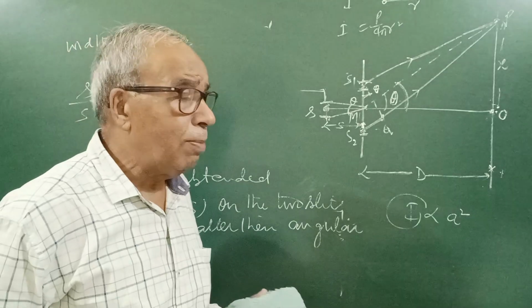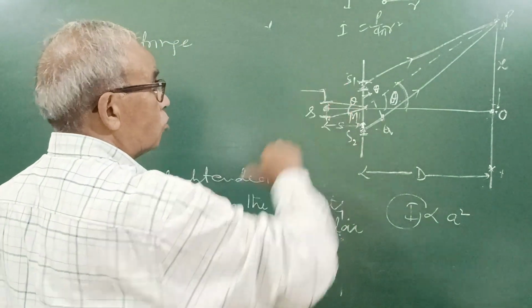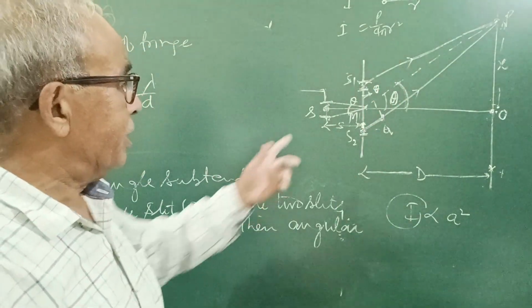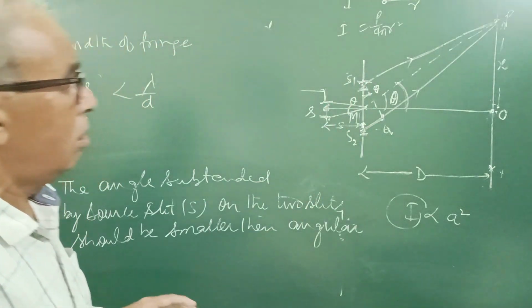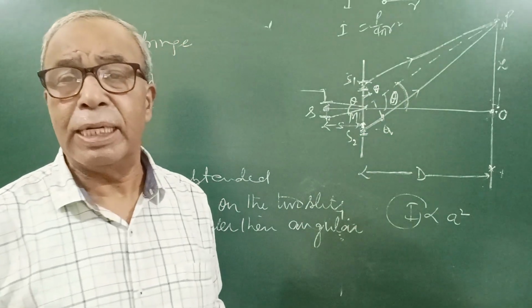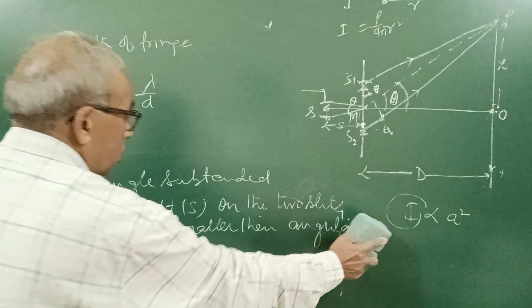So this is also very important. The question is asked, if we increase the width of source slit, what will happen? Fringes will be eliminated. Or if we move the source towards this, again the angle will increase. So gradually the intensity of fringes will decrease and finally disappear. So this is something about the conditions.